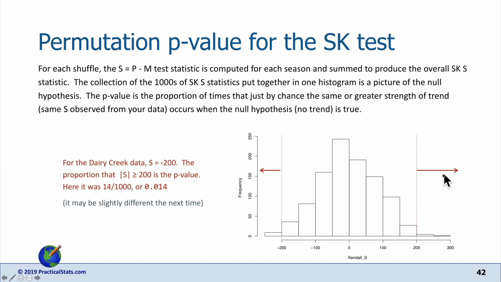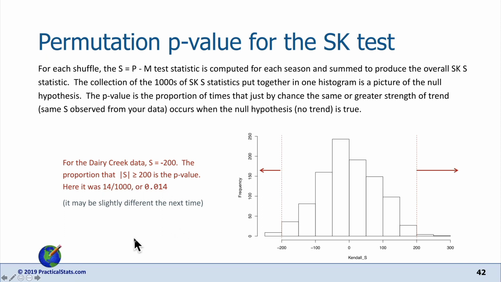So the number of times you get S being greater in absolute value than 200. And apparently in this data set, there were 14 of those, including the one time that your observations are. So 14 out of 1,000, so 0.014 is the p-value.